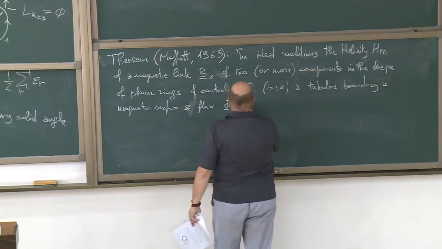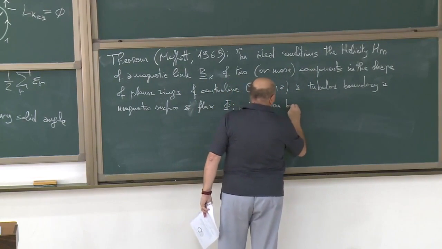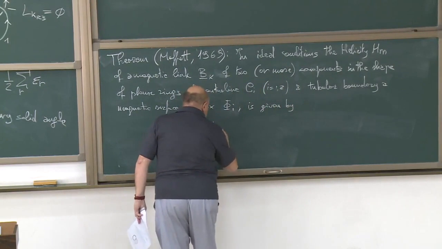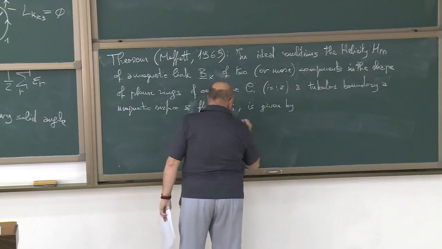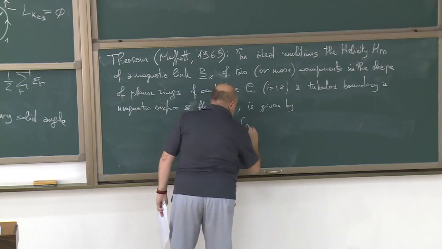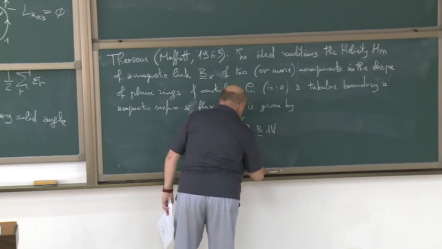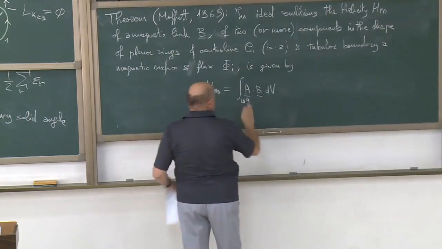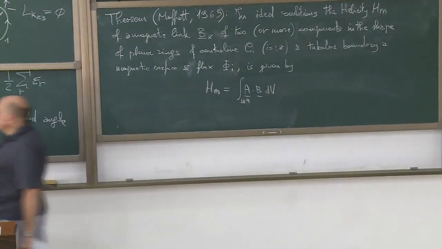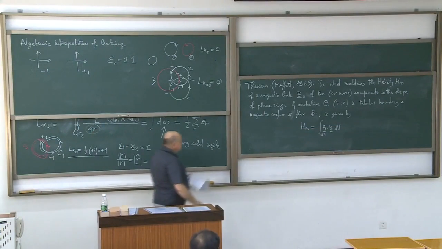In ideal condition, the helicity H_M is equal to, remember, we had the definition of helicity: the integral of A dot B dV, where this dV is a localized domain, and now we simplify this into thinking that this domain is made by two tubes.